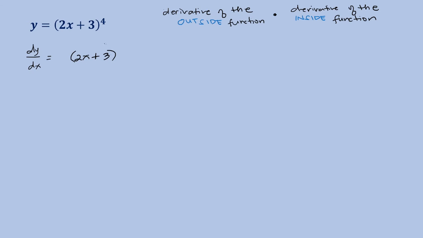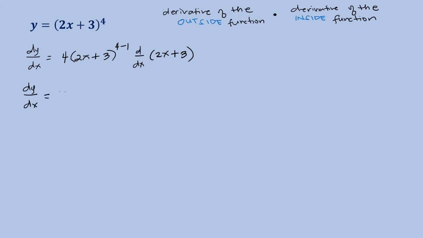And then we're going to get the derivative by using power rule. So this would be 4, and then the exponent would be 4 minus 1. And then multiply to the derivative of the inside function, which is 2x plus 3.